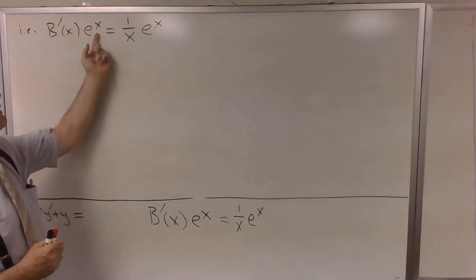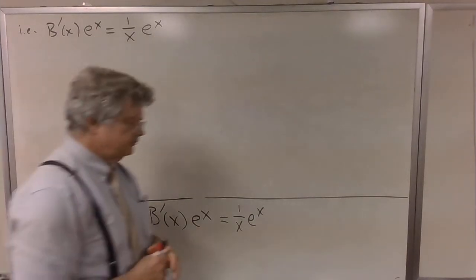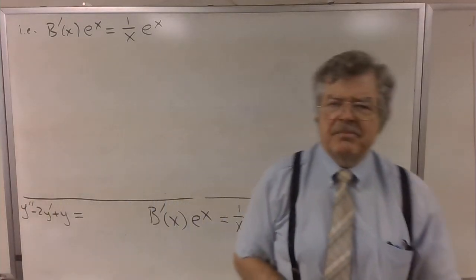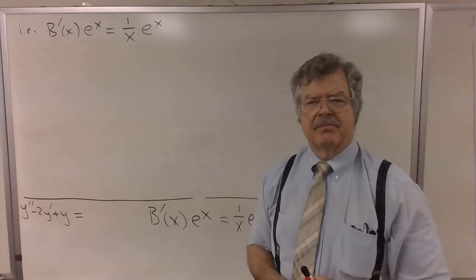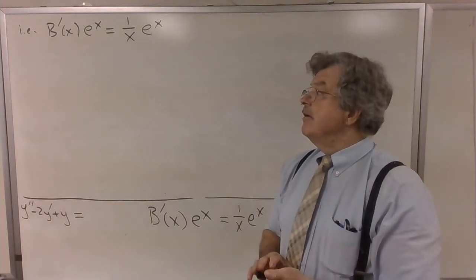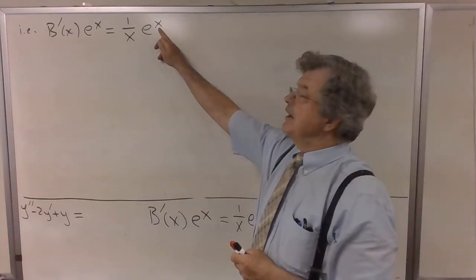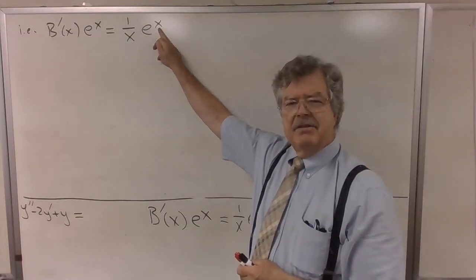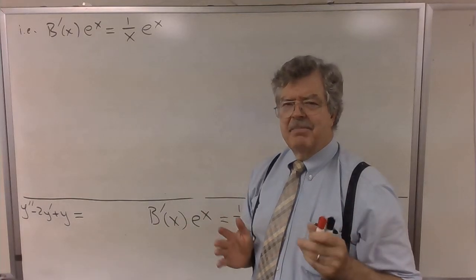I have a factor of e to the x on each side of the equation. And something that we should remember about e to the x is this. No matter what value of x we plug in to e to the x, we're always going to get a positive number.